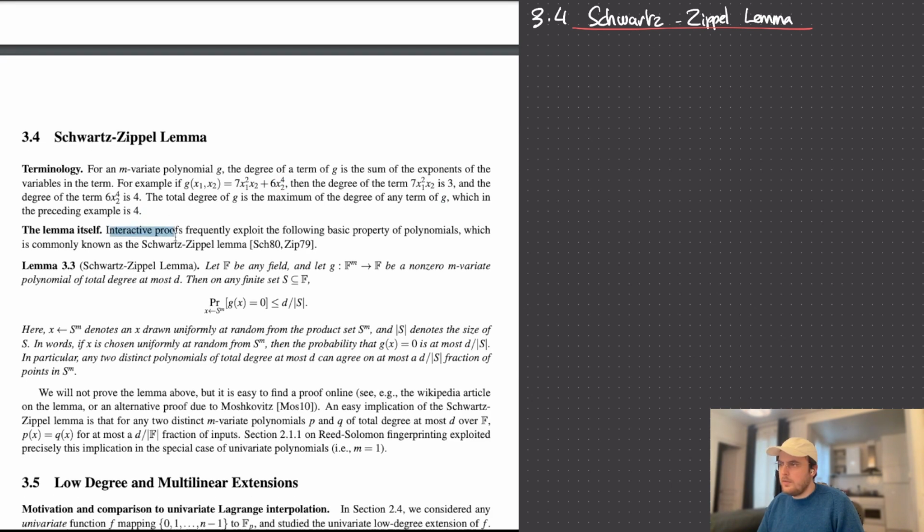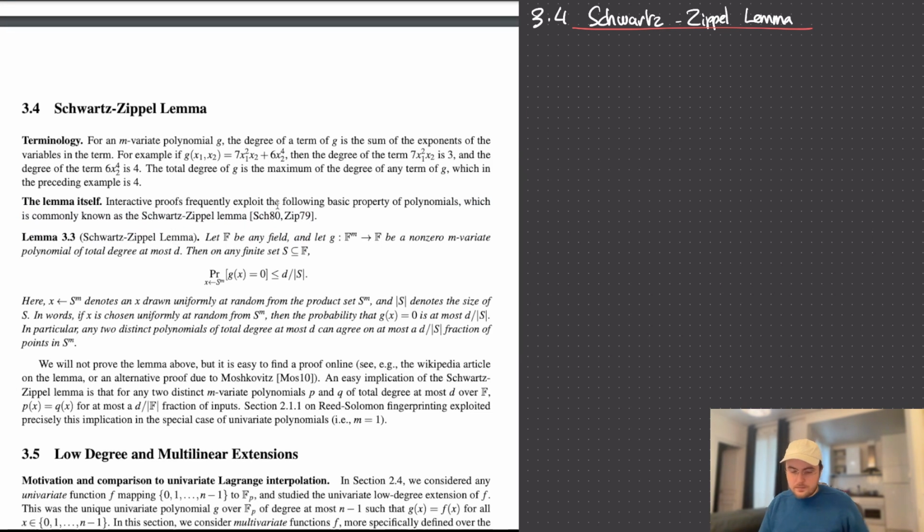The lemma itself. Interactive proofs frequently exploit a basic property of polynomials, which is commonly known as the Schwartz-Zippel lemma. Let F be any field, and let g be a function from F to the power of m to F, a non-zero m-variate polynomial of total degree at most d.